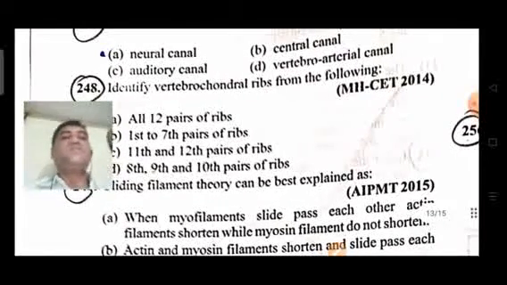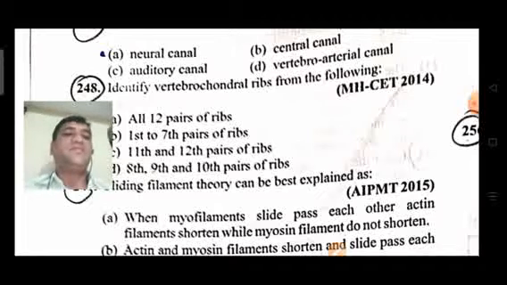Next, identify vertebrochondrial ribs from the following. Vertebrochondral ribs means false ribs. Which are the false ribs here? Three pairs, that is the 8th, 9th and 10th. They are attached to the 7th rib, and the remaining seven pairs are attached directly to the sternum.